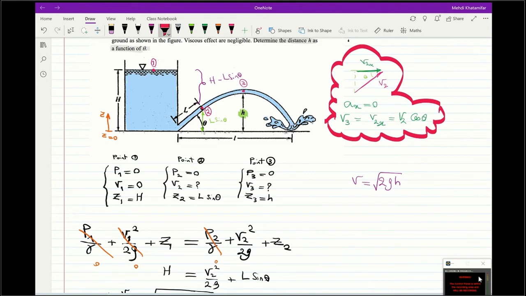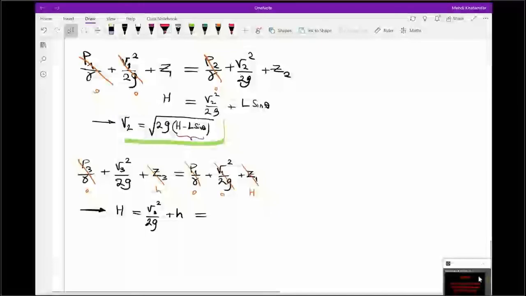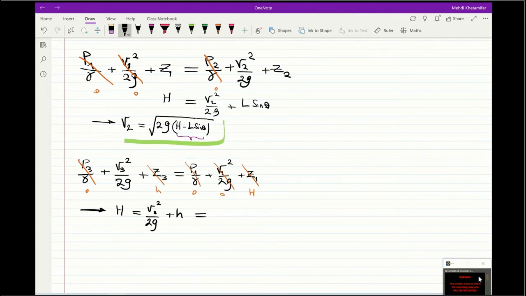Let's plug in the number. So v2 cosine of theta squared over 2g plus h. Okay, I know the value of v2 here, so let's plug that v2 in.